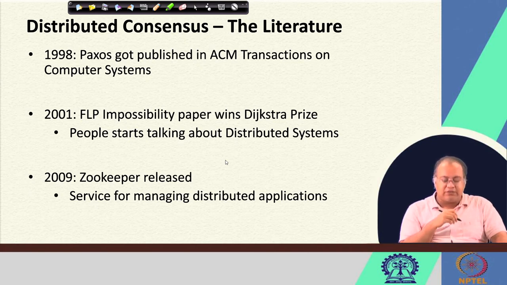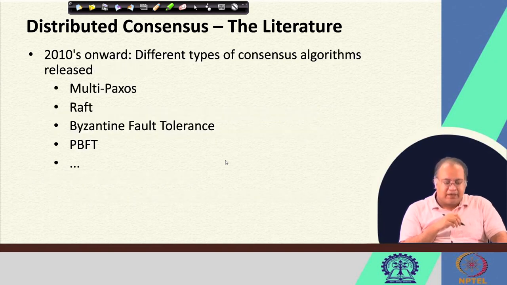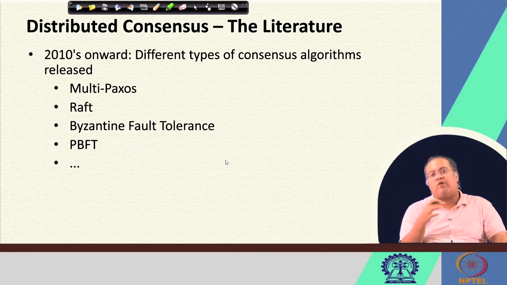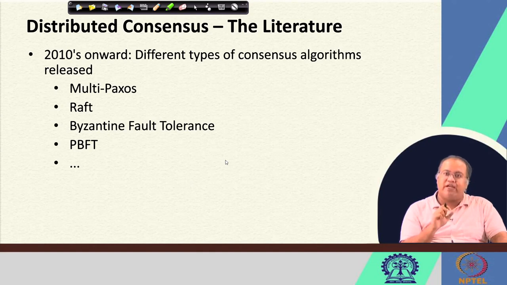It provides a service for managing different kinds of distributed applications. From 2010 onwards, different types of consensus algorithms were released, including multi-Paxos, Raft, and the Byzantine fault tolerance algorithm, PBFT, and so on. Later, while we discuss consensus algorithms, we will try to understand some of these. Specifically, we are going to learn about Paxos and PBFT in detail, and see how they actually work over a distributed system.